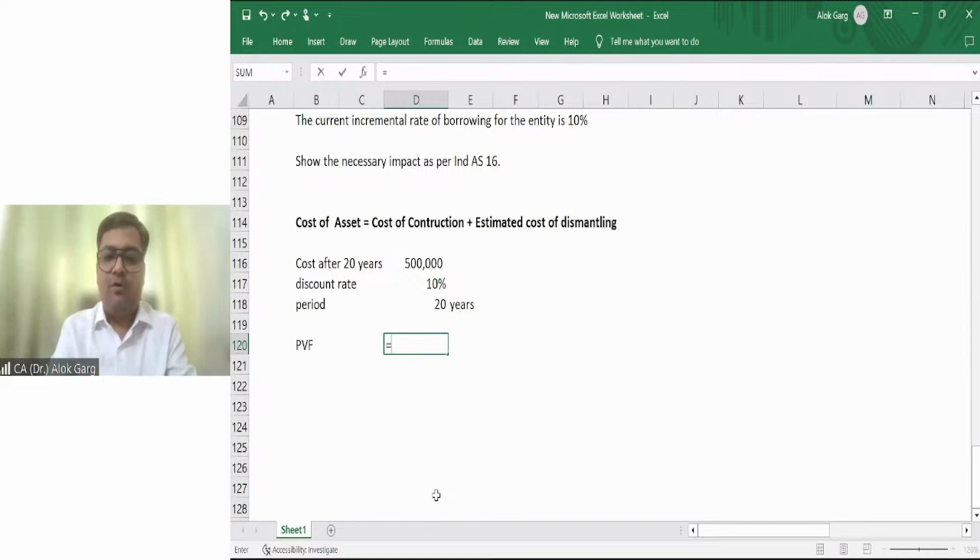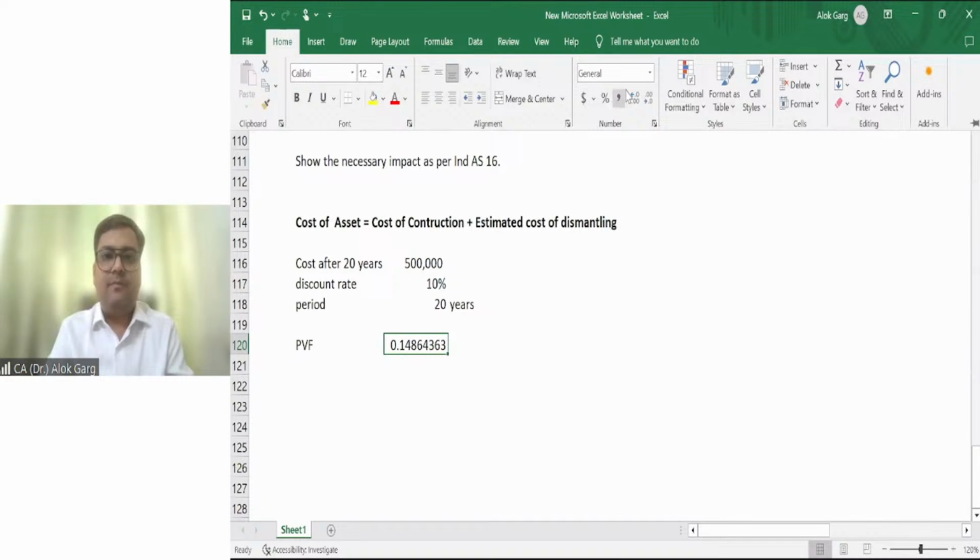Present value factor is equal to 1 divided by (1 plus 10%) to the power 20, which is the life. This will give me the present value factor of 149.